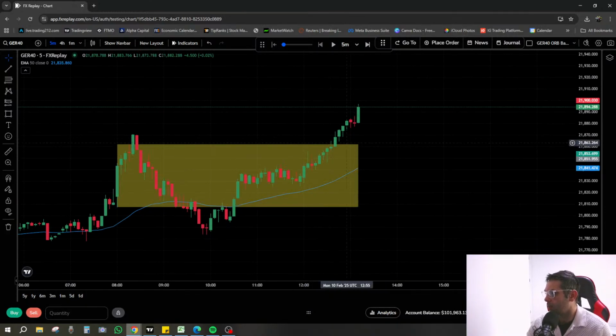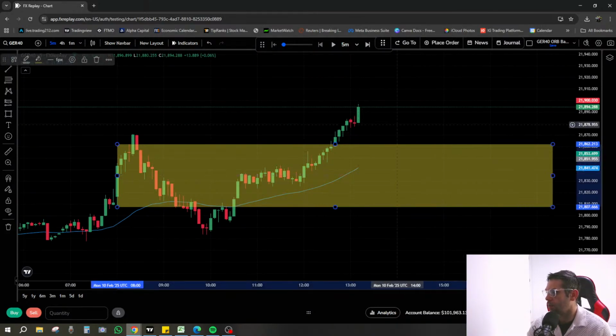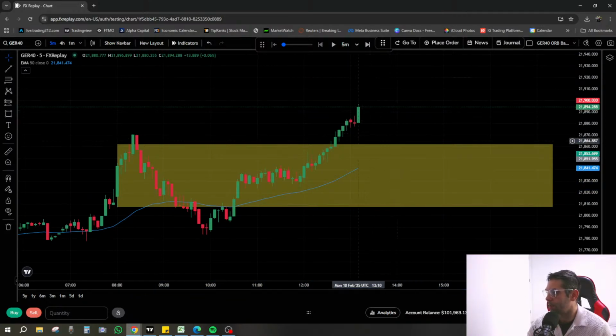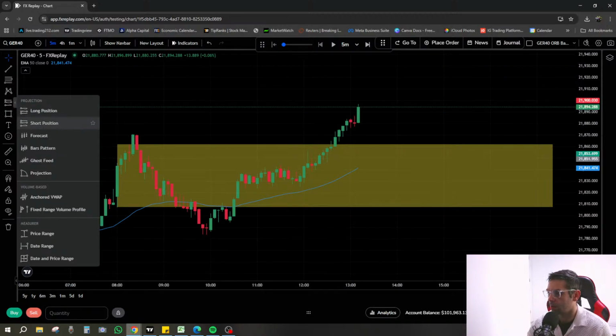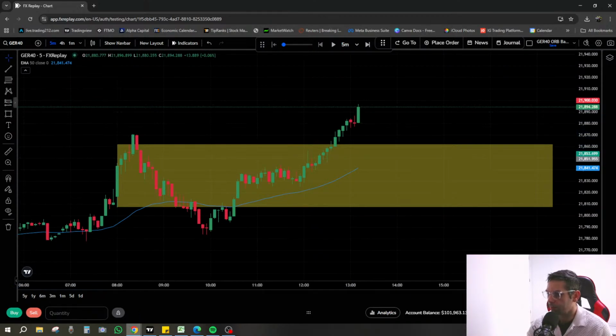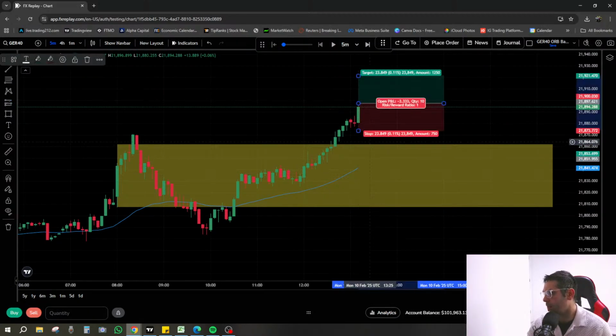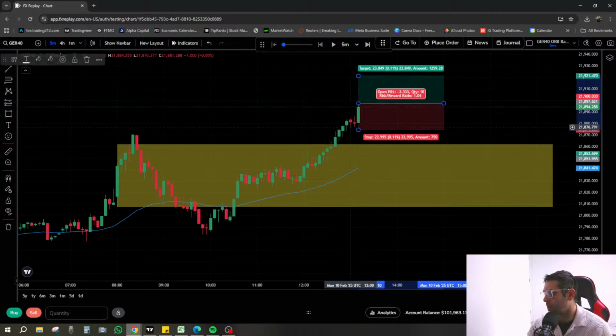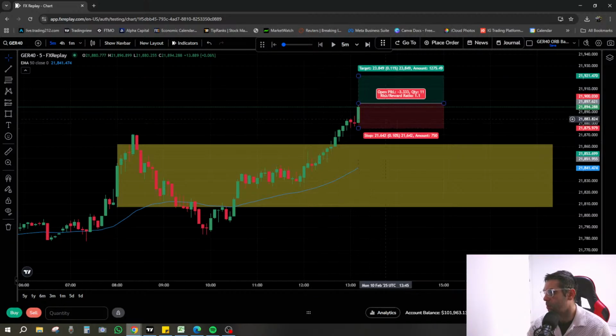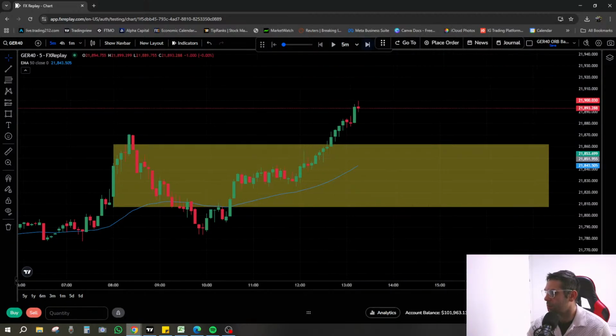Nice follow through. Let's see if we have a retest. For me, in order to place a stop loss that makes sense, ideally if we're gonna buy, this candle's not big enough for me to have confidence to place my stop behind it, because it would be too small. So let's see what happens.